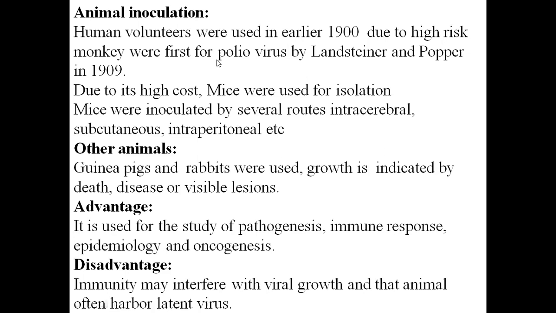The mice were inoculated by several routes like intracerebral, subcutaneous, intraperitoneal, etc. Then other animals, including guinea pigs and rabbits, were used. The growth can be indicated by either death of the animal or visible lesions, or the animal may suffer from disease. These are the indications when using animal inoculation.